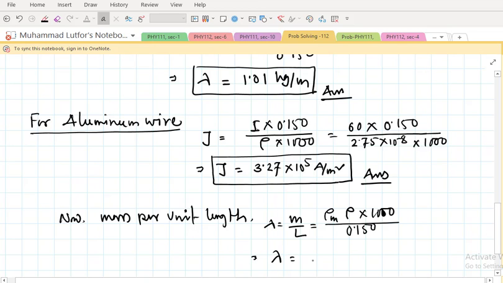Now I'm going to plug in these values. The mass density of this aluminum wire is 2600.